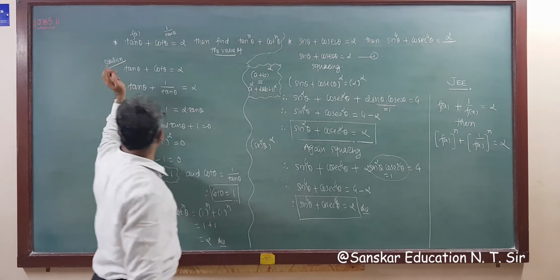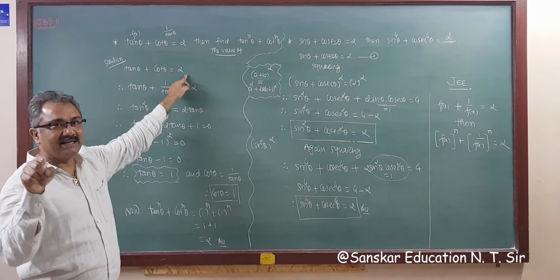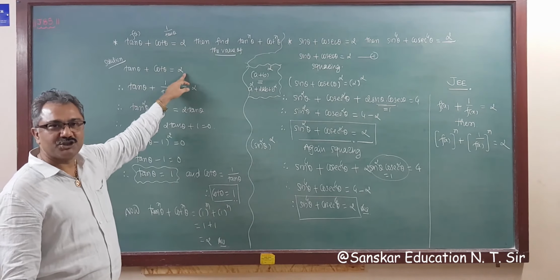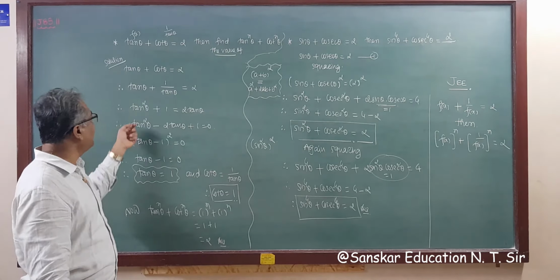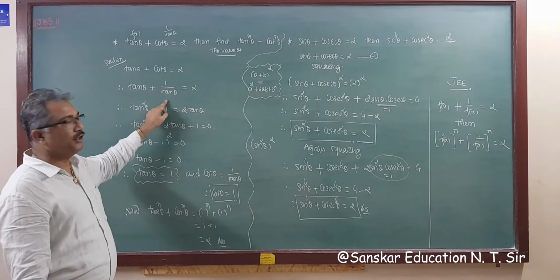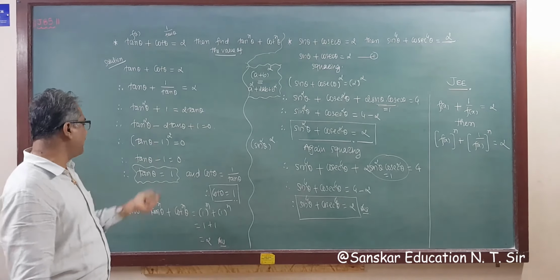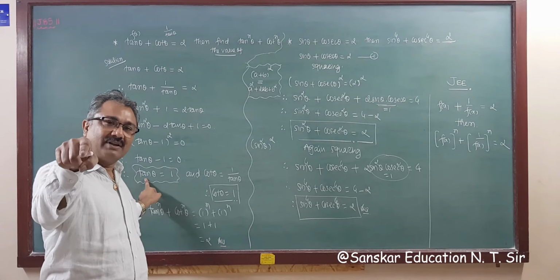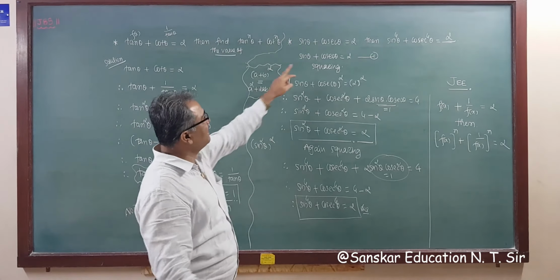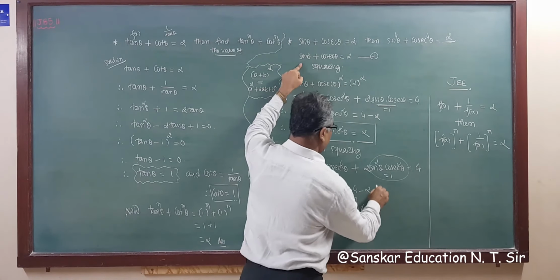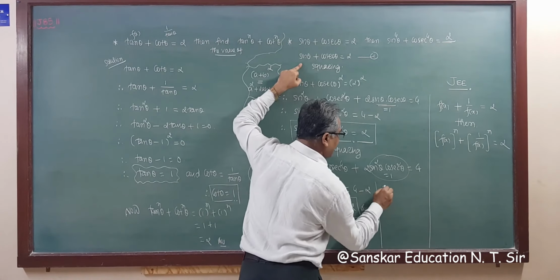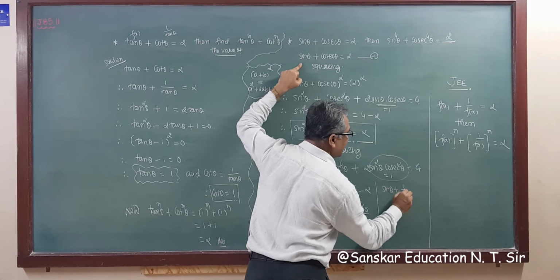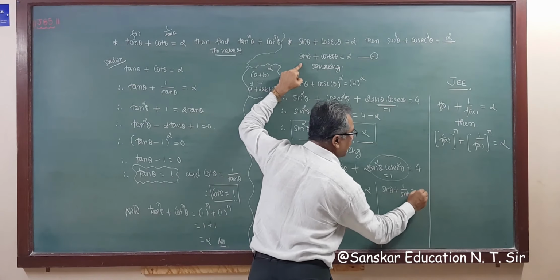So here tan theta plus cot theta, how do we get this? If we convert cot theta into tan theta, it is 1 upon tan theta, so the reciprocal is always 1. Similarly, if we convert this, what do we get? I am writing sin theta plus 1 upon sin theta is equal to 2.